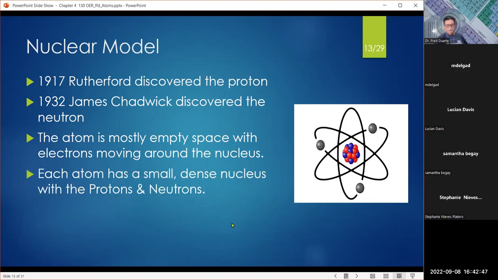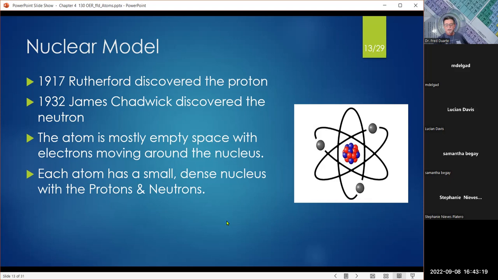We did determine that atoms are basically a lot of empty space. For example, to give you a relative description, if I were the hydrogen atom and I was the scale, I represent the nucleus, which in that case for hydrogen only has a proton, but then my electron, which would be orbiting around me, would be roughly about 3/4 of a mile away.